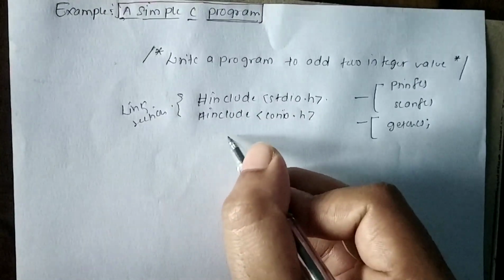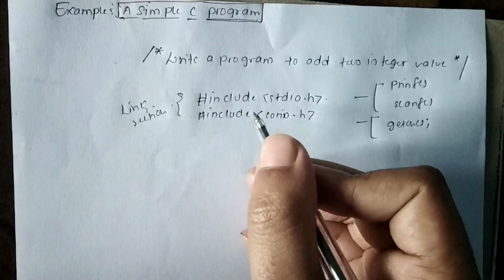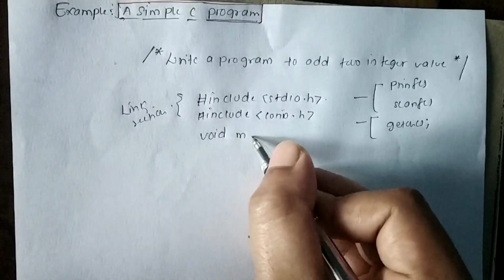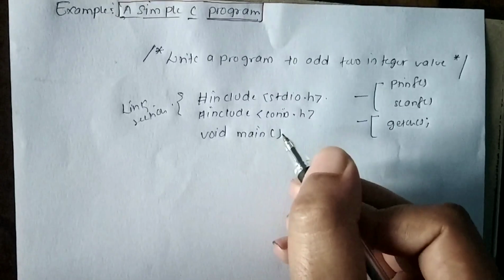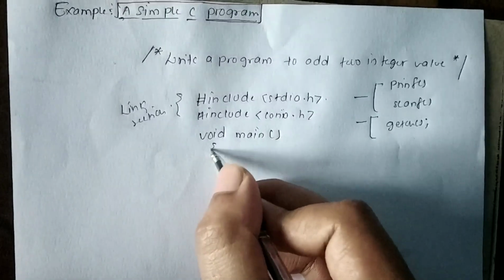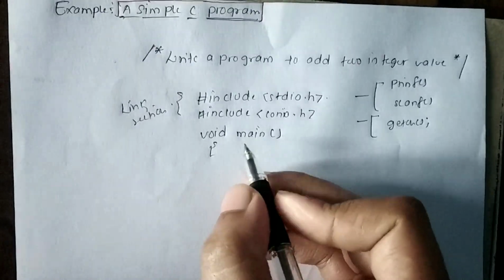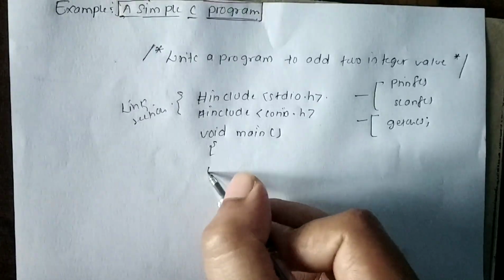Next comes the main section. If we are not returning any value, then we can write void before main. Starting with one curly brace. Now comes the declaration part.